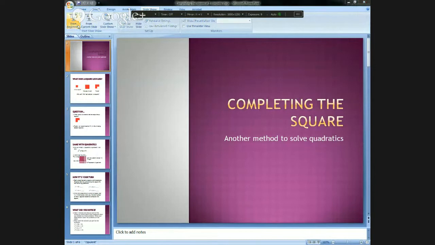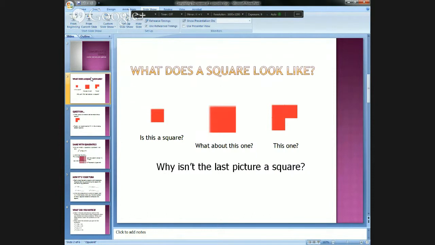Okay, so this is going to be the meat of today. Okay, so I'm going to try to build kind of a conceptual understanding here in your brains, geometrically and algebraically. Okay. So, is this a square?